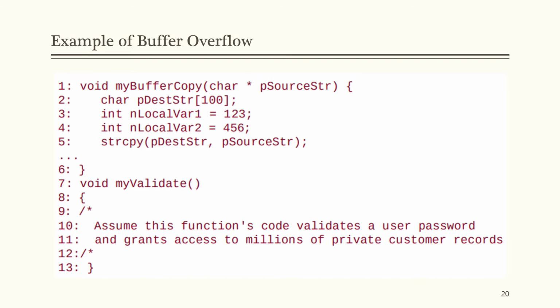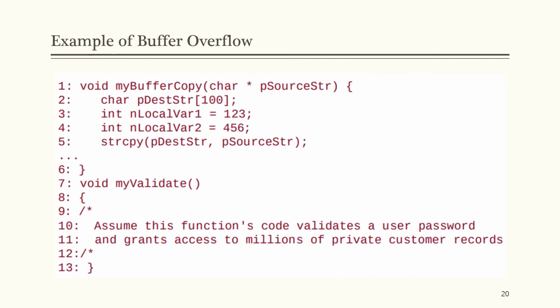You can see the source string is copied right into the destination string no matter what the length is. If it's more than 100 bytes, it will fill the destination string and then continue overwriting the values stored in the local variables.